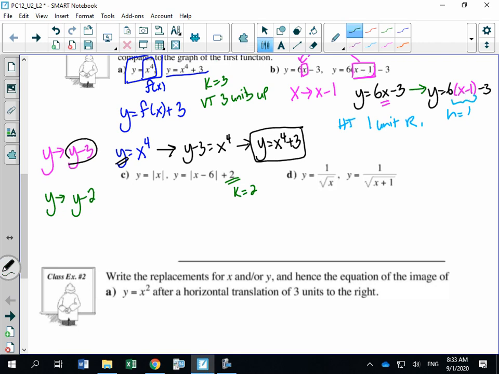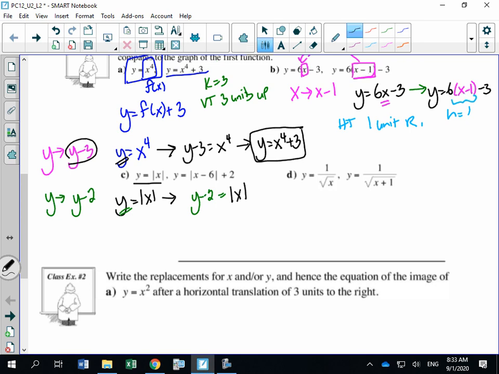So again, watch what we do. Take your original function, y is equal to the absolute value of x. Because I want my k value to be 2, I'm going to take out this y and put in y minus 2. So y minus 2 is equal to the absolute value of x.